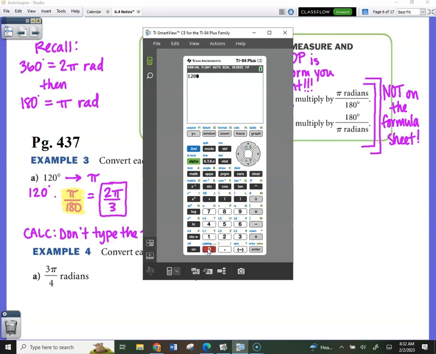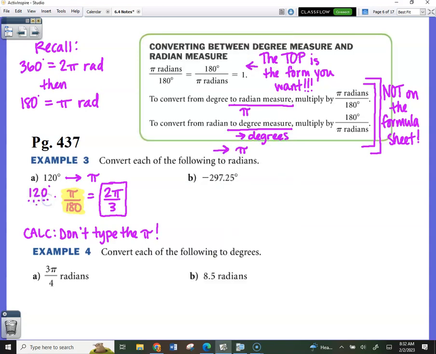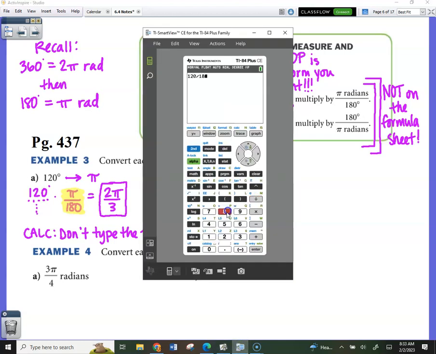You have to understand that if you multiply 120 straight across, there's an understood 1 there. So if you just multiply straight across, you end up with 120 divided by 180, right? Then you hit math frac.